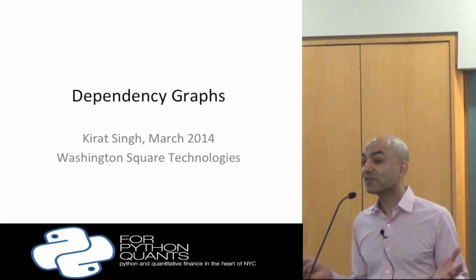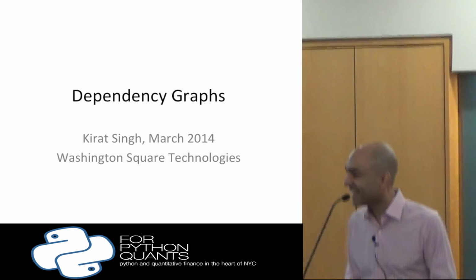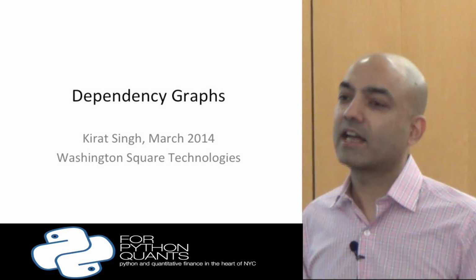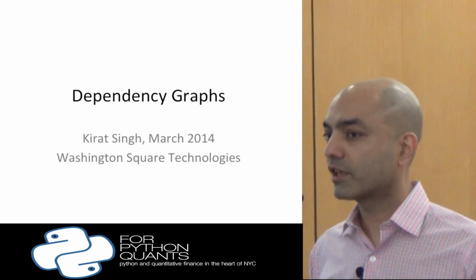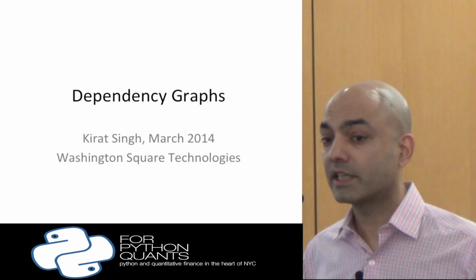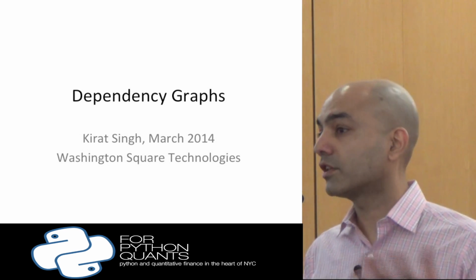So I was going to talk about dependency graphs in Python, and I'm sure being in finance, you have all used what I think is the most successful platform in finance, which is Excel. So we all love and hate it, right? And I really like Excel for prototyping and playing with stuff. And I think one of the cool things about Excel is that all your intermediate computations are exposed.